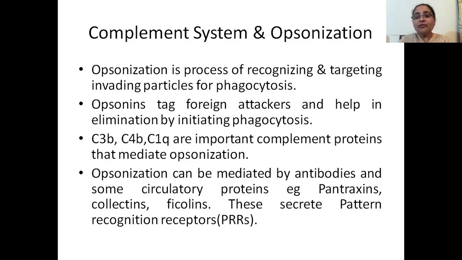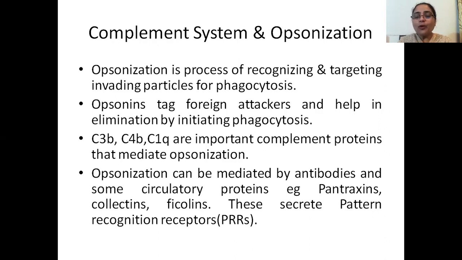Then the term which is important to introduce while reading the complement system is opsonization. What is opsonization? It's a process of recognizing and targeting invading particles and thus helping the phagocytes. How does it target? Opsonization works through opsonins. Complement proteins are like opsonins; they mediate opsonization because they act like opsonins.